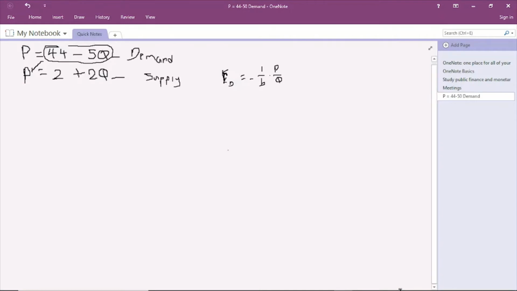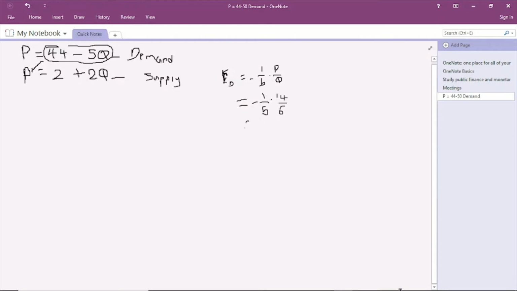So we have our elasticity is equal to negative 1 over 5. And then what's our p? Our p, we found it to be 14. Remember, we found p to be 14. And then q is 6. This dot here is a multiplication sign. Negative 1 over 5 multiplied by 14 over 6.